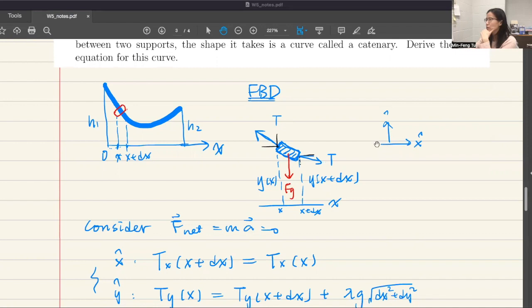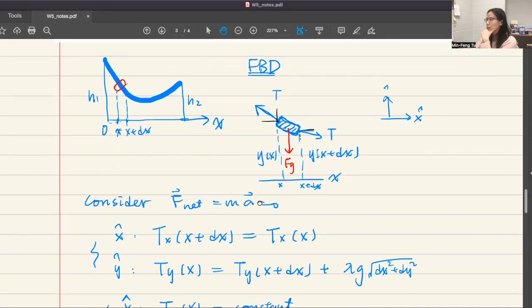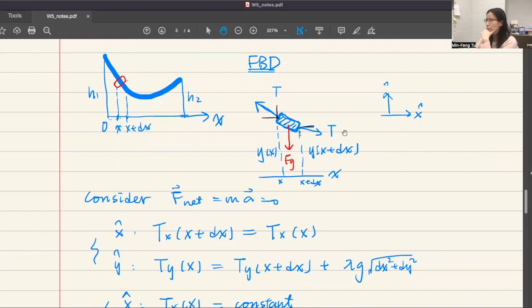Okay, so if I choose this as my x and this as my y, now I can break it into x direction and y direction. Of course, I could put in the angle here and try to decompose it, but I don't want to do it right now because I already have x and y, and adding another theta seems not a wise choice.